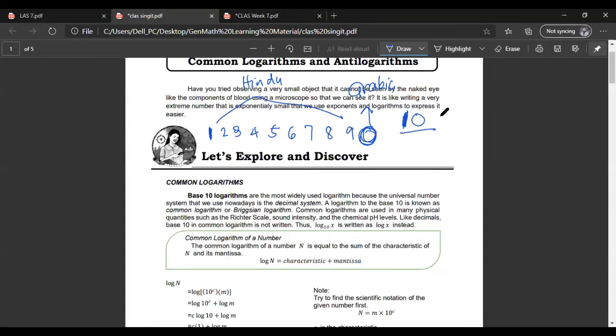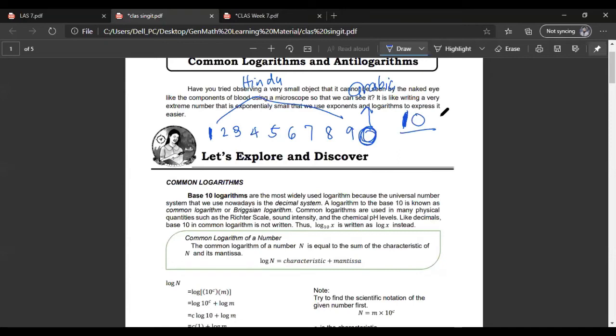After ng 19, yung 1 doon, magiging 2 and then babalik na naman tayo sa 0 which is 20. Kaya every after 10 numbers, nagpapalit tayo ng symbol or may nadadagdag sa symbol natin. Kaya nga ang tinatawag natin sa system natin is decimal system, base 10. Okay? Kaya siya common logarithms, kasi base 10 is laging ginagamit at ginagamit.